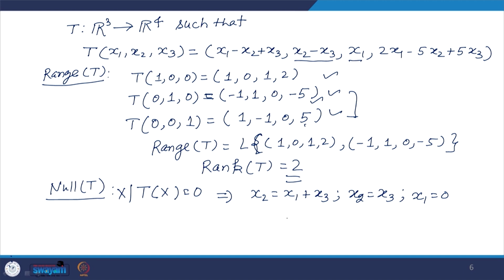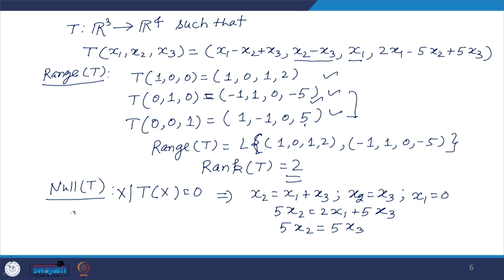Finally, the last one gives me 5x2 equals 2x1 + 5x3. So, x2 equals x3 gives me x1 is 0, so 5x2 equals 5x3, because x1 is 0 here.